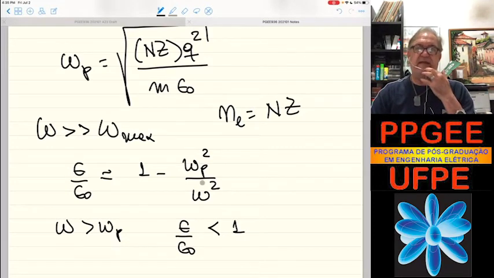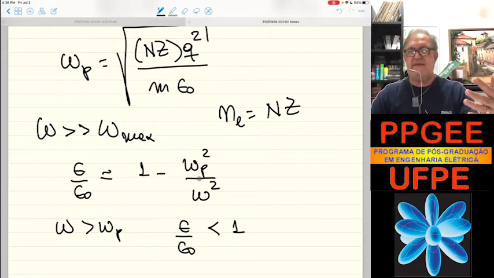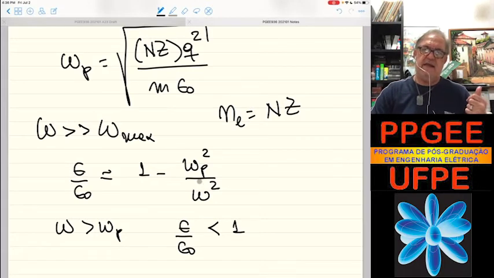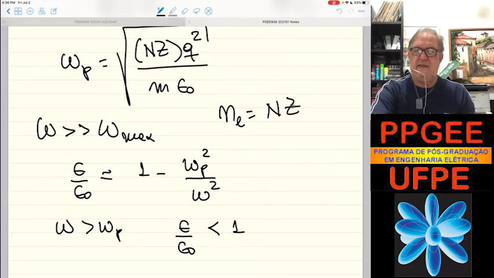The restoring force doesn't make any effect. The material behaves as if all electrons were freely moving in response to the applied frequency omega. So all electrons are freely moving, and the material simply is transparent to the passage of the electromagnetic radiation. And the density that appears in the plasma frequency formula is the electron density. Calculate the entire density, which is n times Z. So that's what happens.